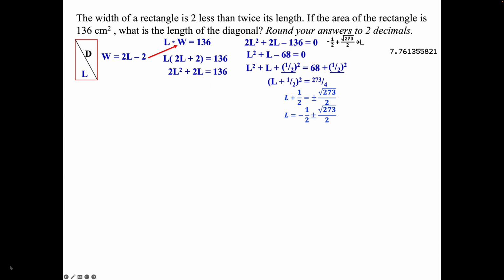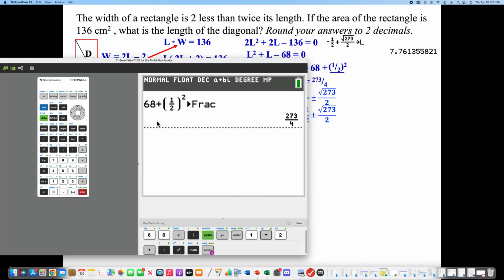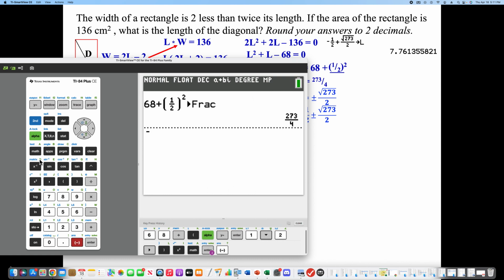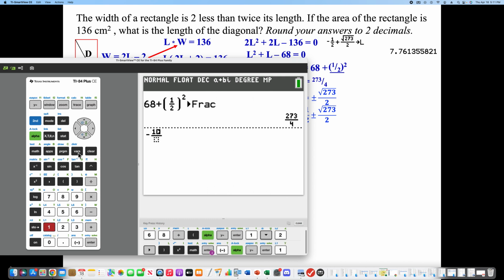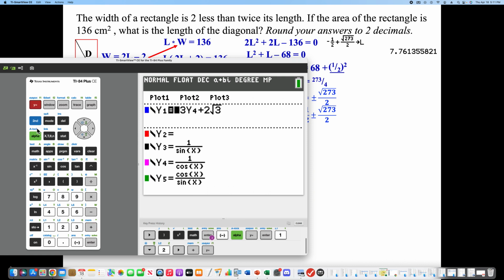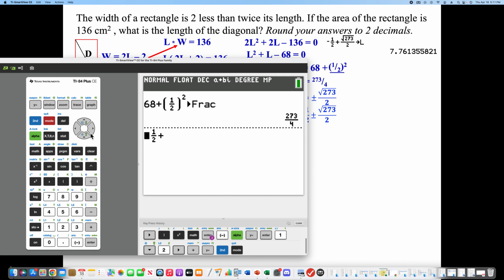So again, going to the calculator, I'm going to type in negative alpha y equals fraction 1/2. Get out of there, go plus alpha y equals, whoops, excuse me. I guess I didn't hit the alpha button. Get on, there we go.